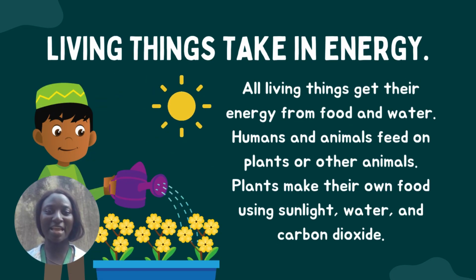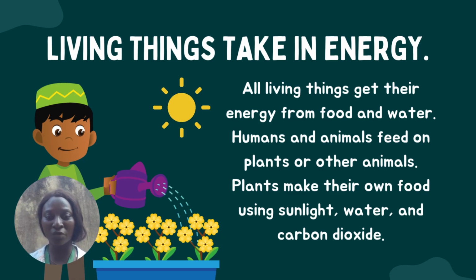Living things take in energy. What is energy? It is the ability to do work. What gives us the strength to do our work is the food we eat and the water we drink. All living things get their energy from food and water. Humans and animals feed on plants and other animals.